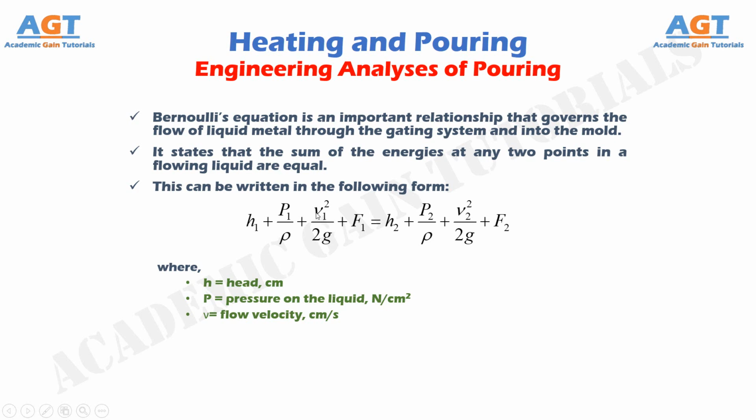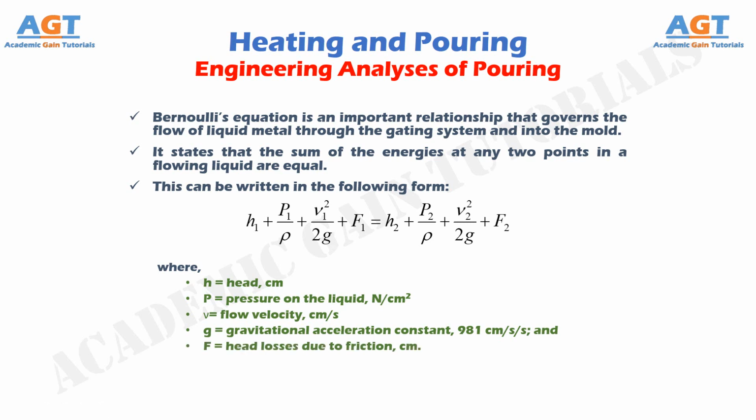V represents flow velocity, expressed in centimeter per second. G represents gravitational acceleration constant, 981 centimeter per second square, and F represents head losses due to friction, expressed in centimeters. The subscripts 1 and 2 indicate any two locations in the liquid flow.